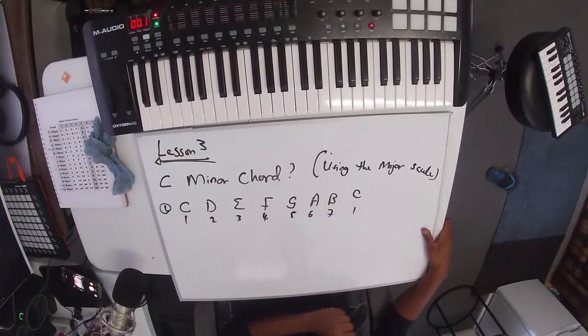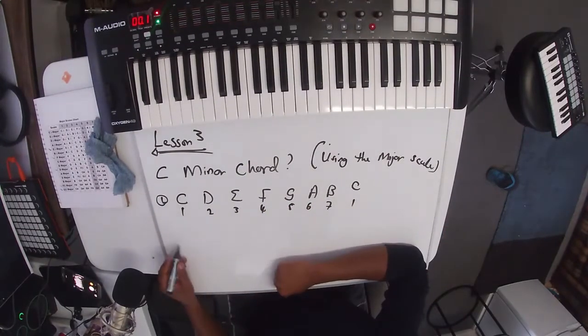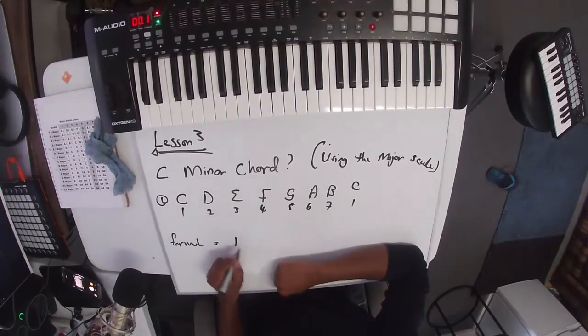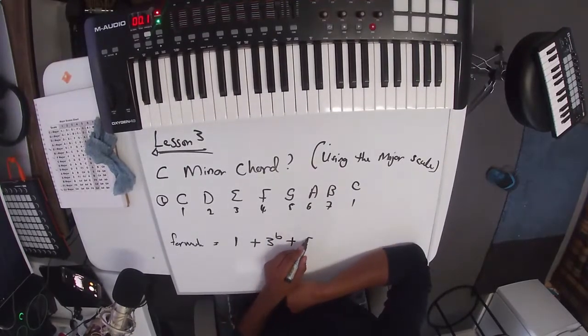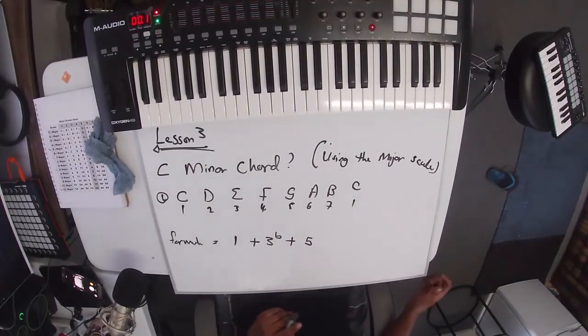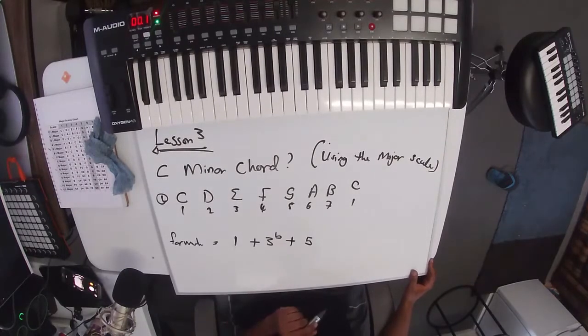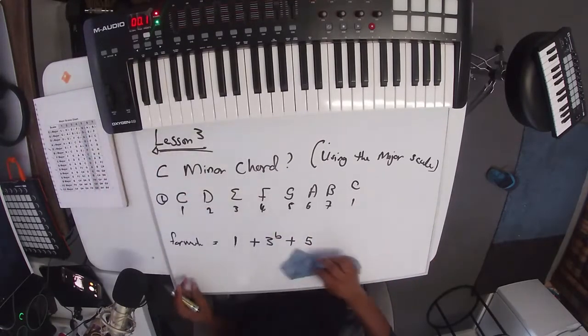You take the 1. So the formula is going to be 1 plus 3 flat plus 5. So what does this mean? You take 1, you flatten the third, and then you add the fifth. So let's do it here.